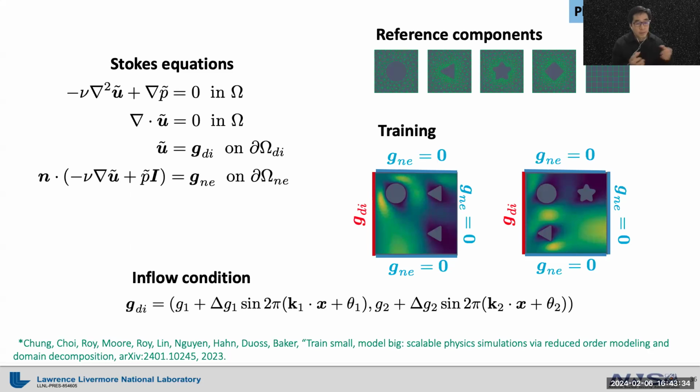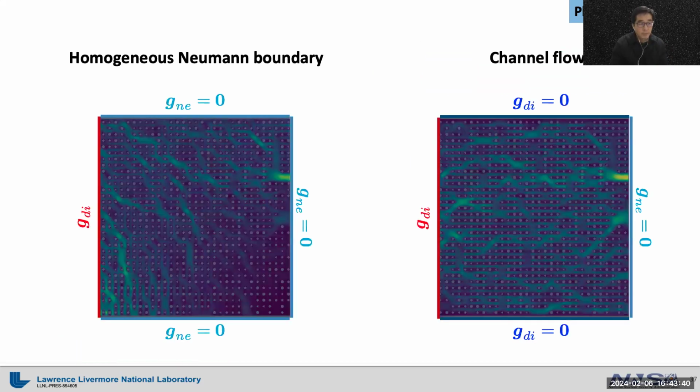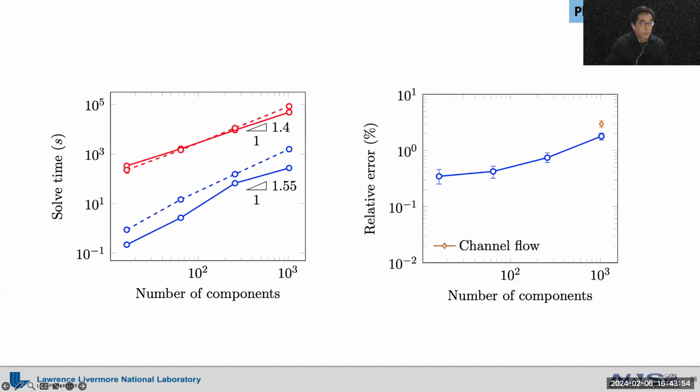That's how we assemble and ensure the continuity between the interfaces. And if you do that and solve much larger scale problems by assembling those component reduced models with different types of boundary conditions, you actually achieve a speedup of close to 1,000.